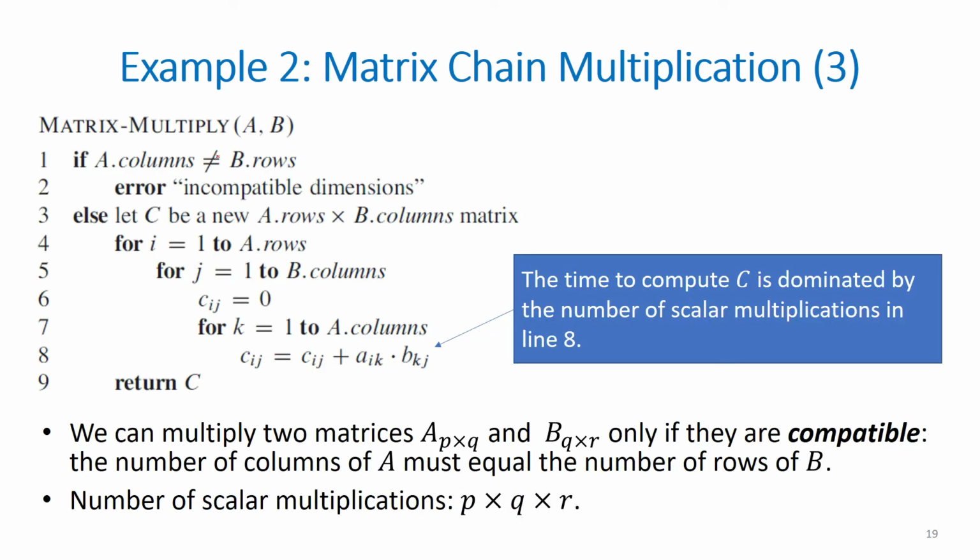As seen earlier, two matrices can be multiplied using three nested for loops as long as the dimensions match or are compatible.